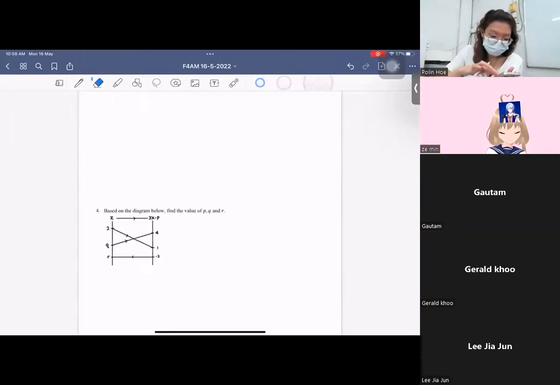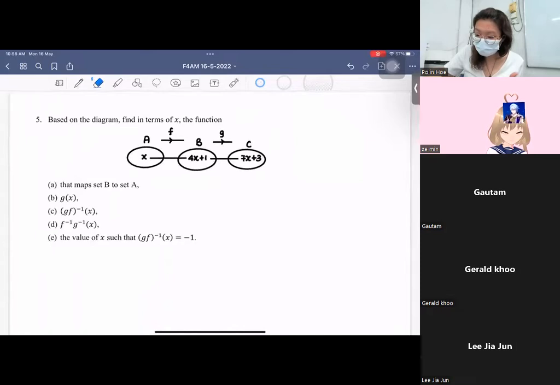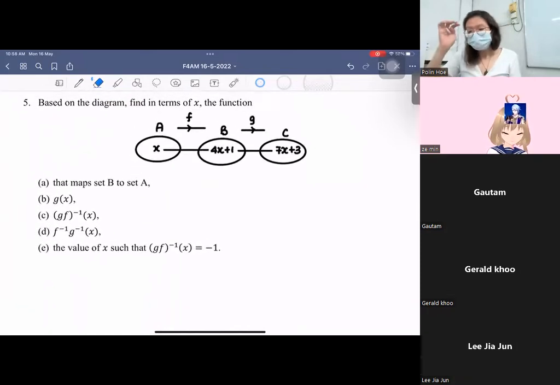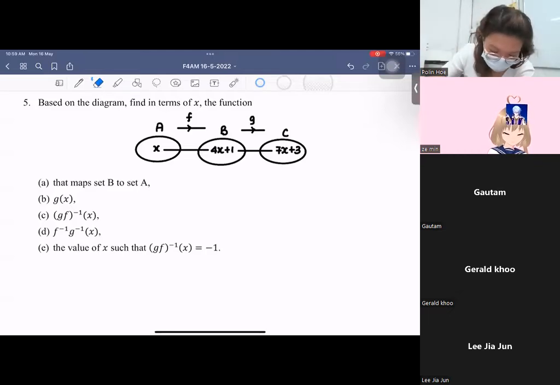After that, let me see. Yes, I need to do question 5 with you. From this diagram, you should be able to tell me that f(x) equals 4x plus 1, and then g(4x plus 1) equals 7x plus 3.